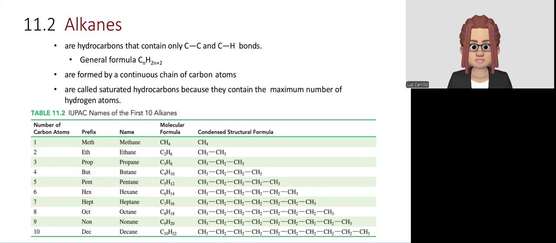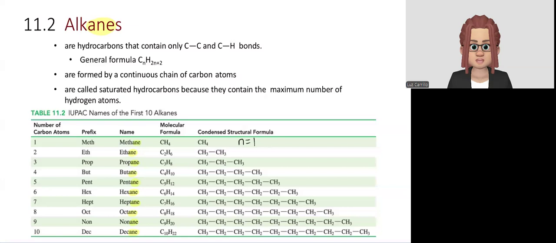So when we're naming alkanes, the ending of the name is going to be ane. We can observe as we look through the table how each one of these names ends in A-N-E, because that is the suffix that is added for any molecule that is an alkane. The simplest alkane only has 1 carbon atom, because this is where n equals 1.